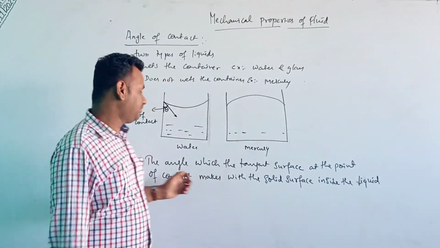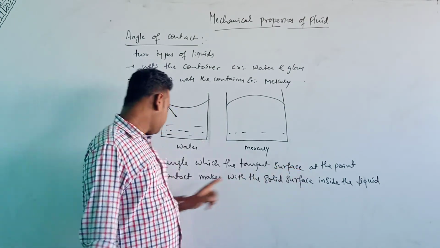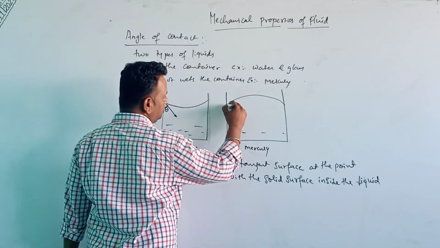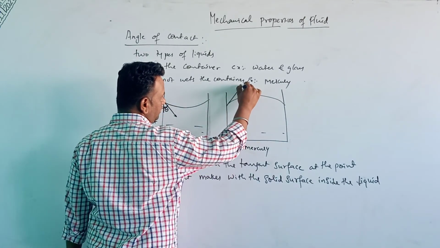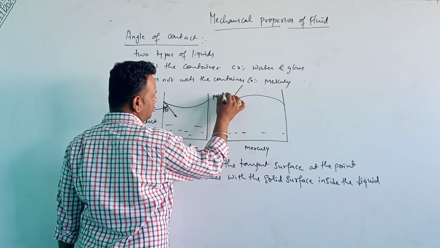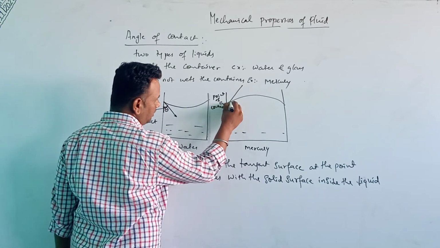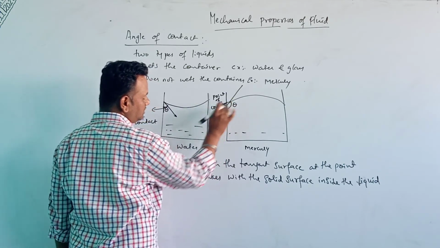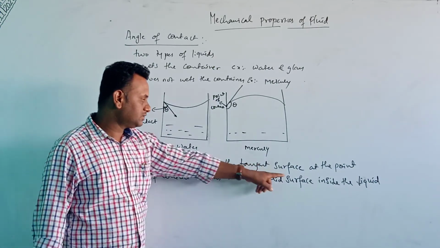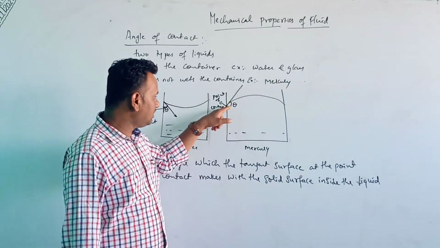The exact definition is: the angle which the tangent surface at the point of contact makes with the solid surface, inside the liquid.